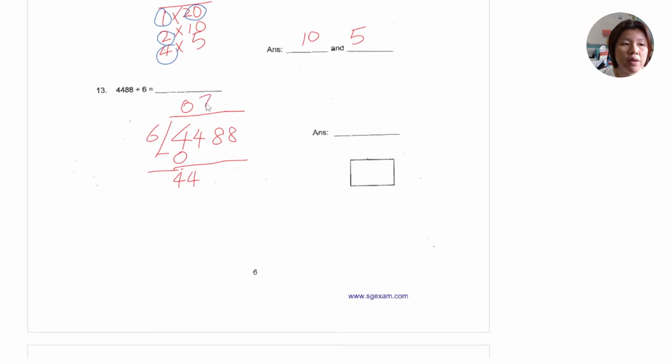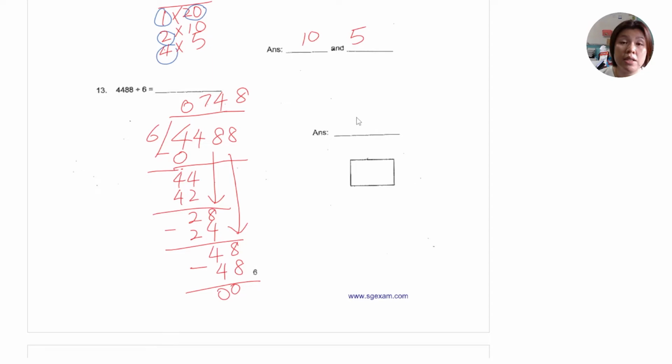And 7 times 6 is 42. So 4 times 6 is 24. Minus 4, carry down 8. And 8 times 6 is 48. So answer is 748.